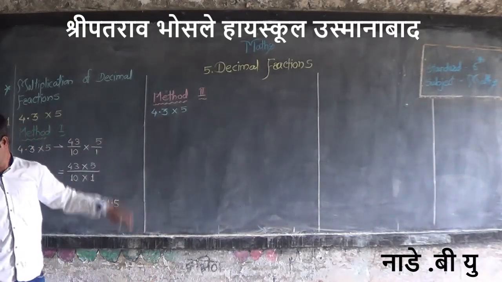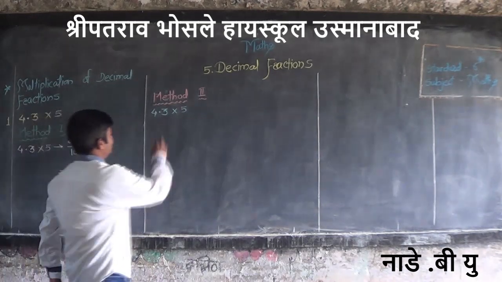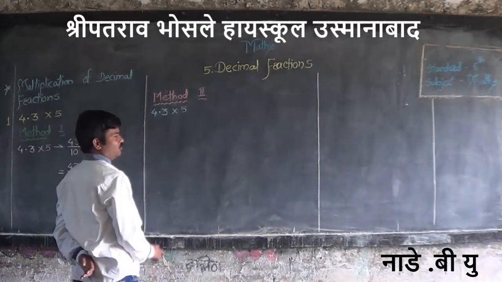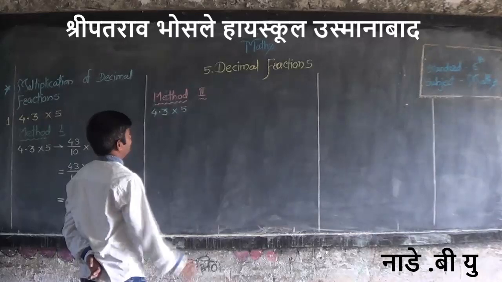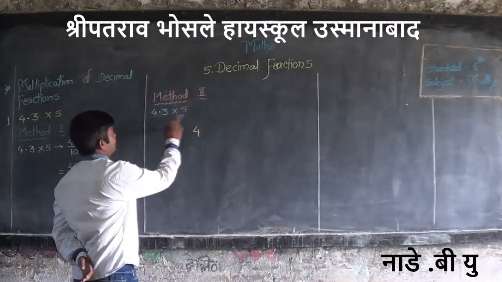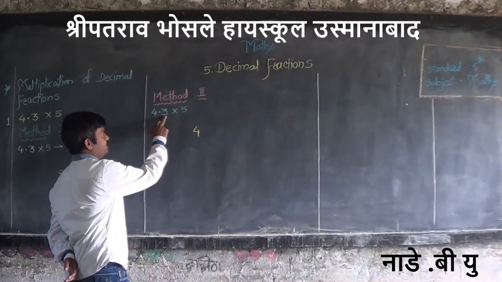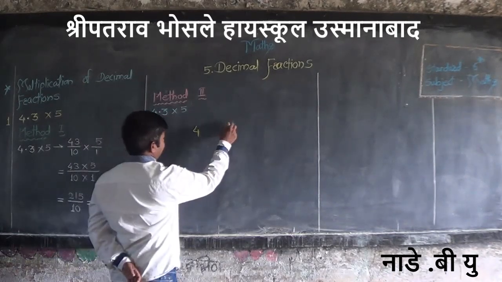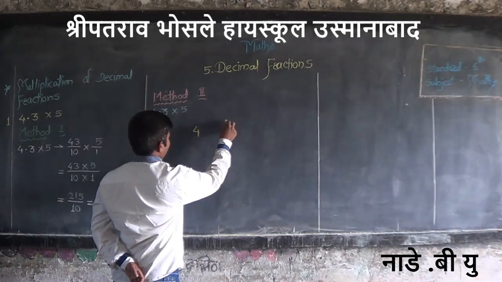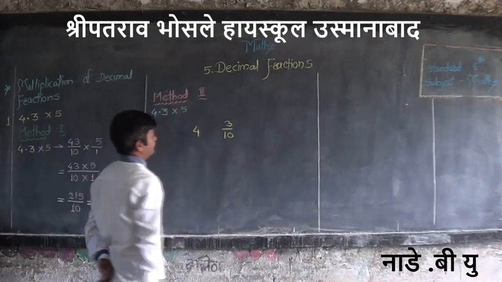Here we solve using the second method: multiplication of 4.3 into 5. Write the integer, and write the fractional digit as a common fraction, here 3 upon 10.